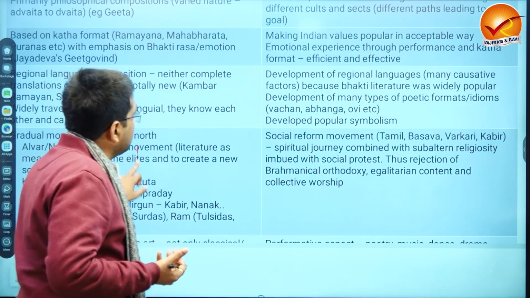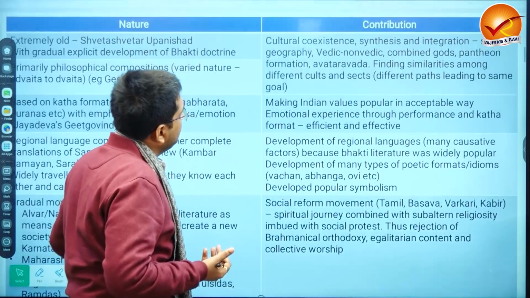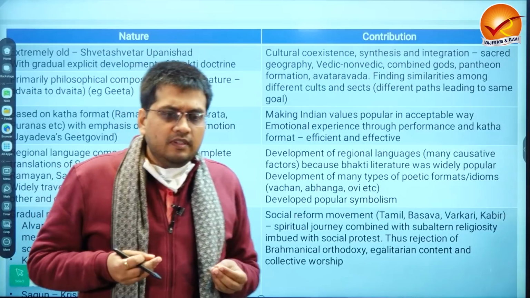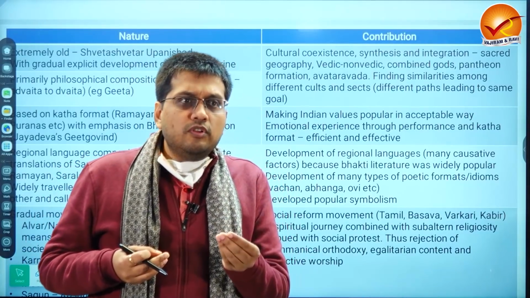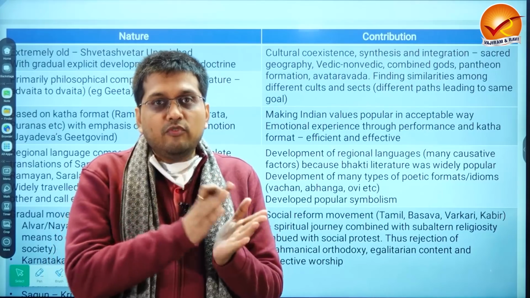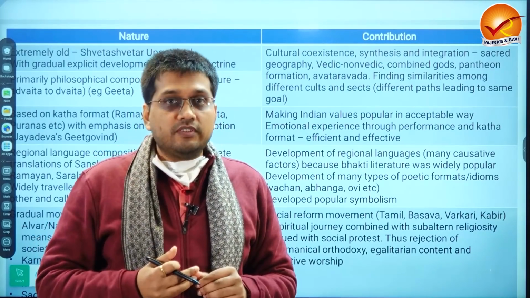If you come to the other side, the contribution of Bhakti literature, what might happen is that people tend to focus more on the social rebellion aspect, social reform aspect, and therefore neglect other contributions which are also equally significant.